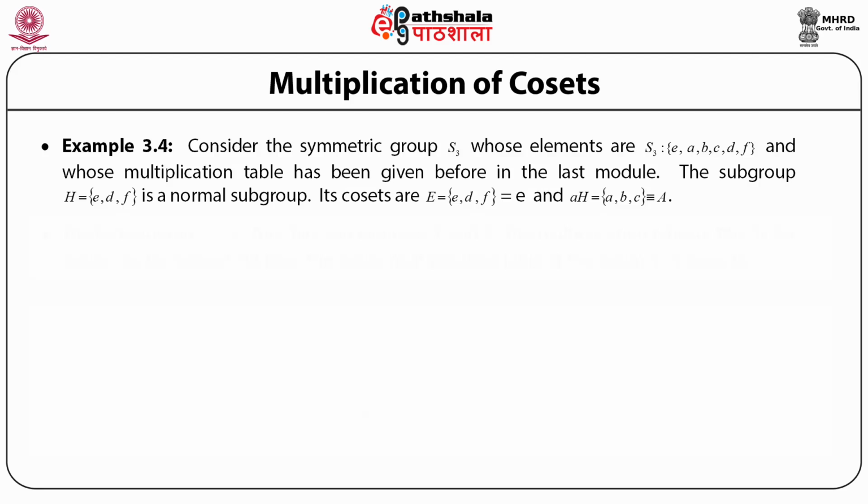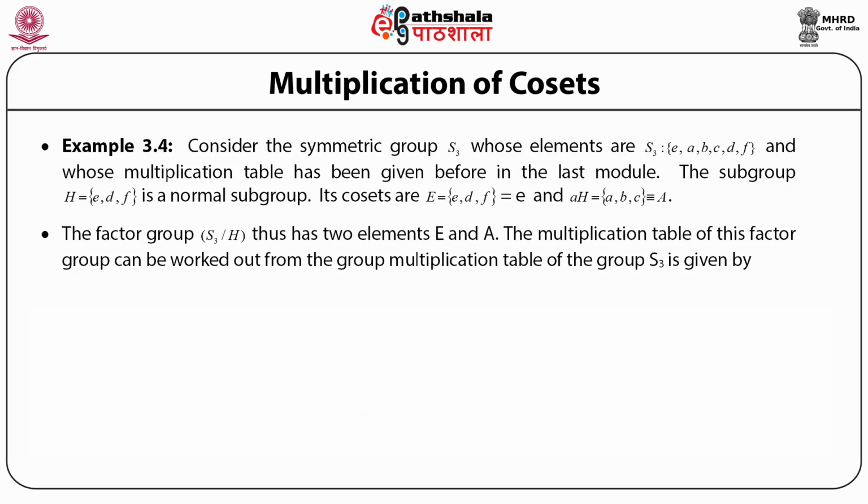Its cosets are EH, equal to the elements E, D, F, which is written as a coset capital E, and another coset AH, whose elements are A, B, and C, which is designated as capital A. The factor group S3/H thus has two elements, capital E and capital A. The multiplication of this factor group can be worked out from the group multiplication table of the symmetric group S3 and is given by the following table in the slide.